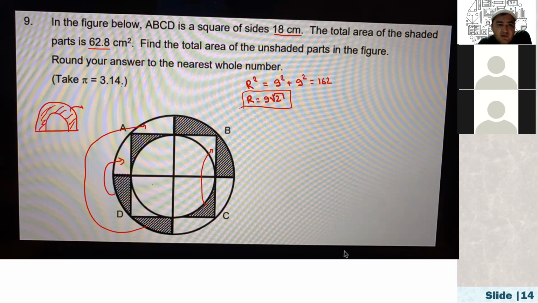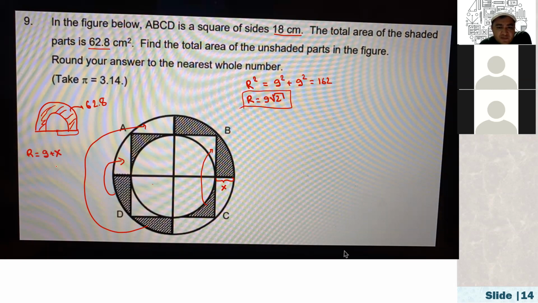So the shaded area is equal to 62.8. Now, how do you find the shaded area? It is the area of the big semicircle minus the area of the small semicircle. Now, suppose that this part is equal to x. So that means that the radius of the big circle is 9 plus x.